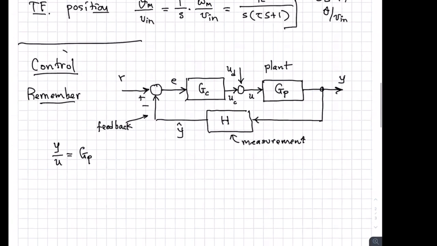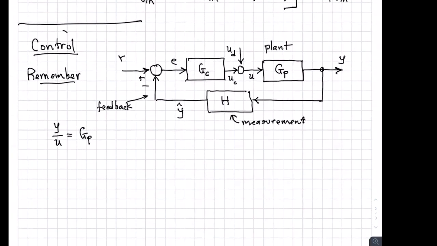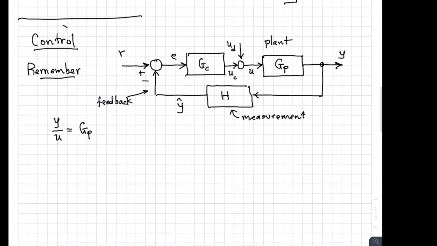I'm not going to go through all that. I assume in your class you've covered that, but just a simple formula to give us the closed loop transfer function of the feedback controlled system. We want to solve for Y. This is equal to two pieces.